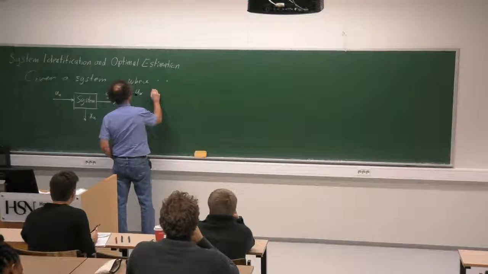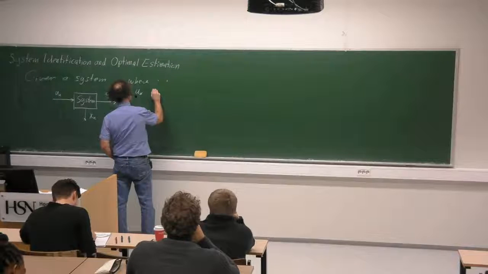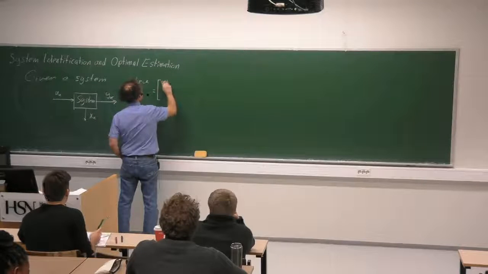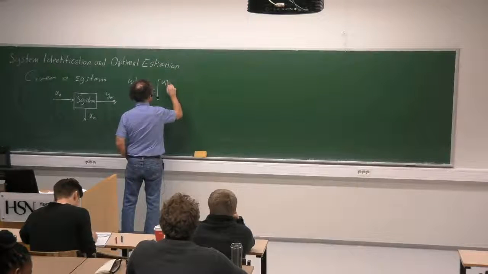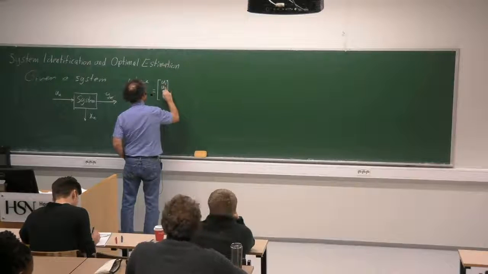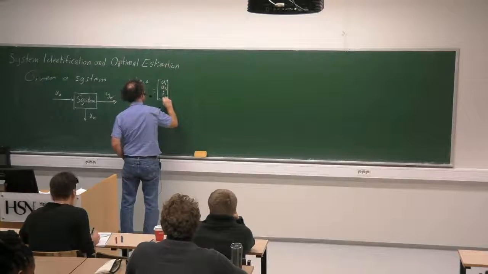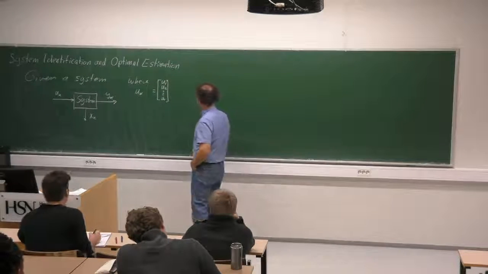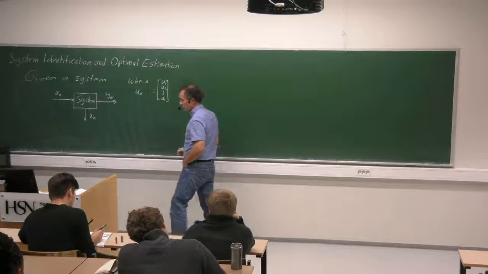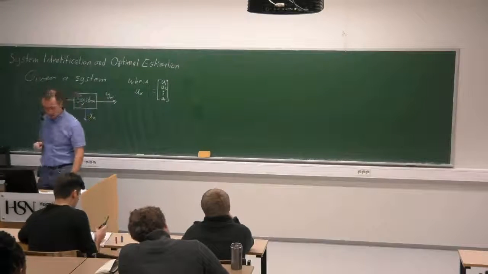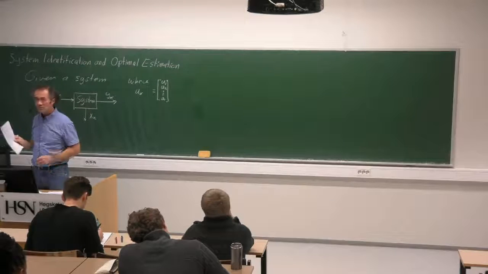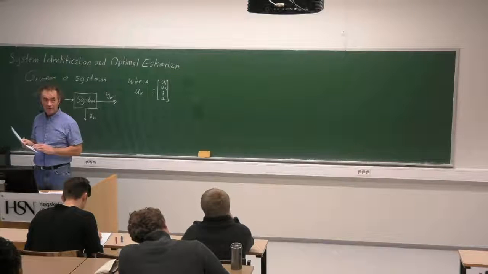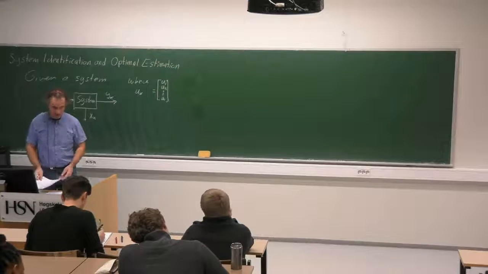Very often I define a vector like this: u1, u2, down to uR. This is a vector, it's a column. Also remember that on the course homepage there is a link to some details about matrix definitions, about vectors and matrices and so on.